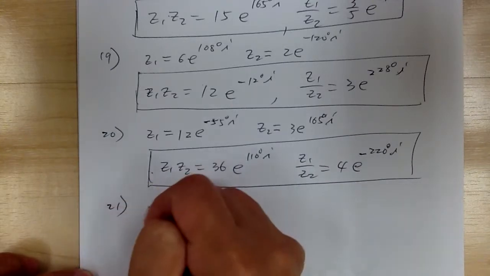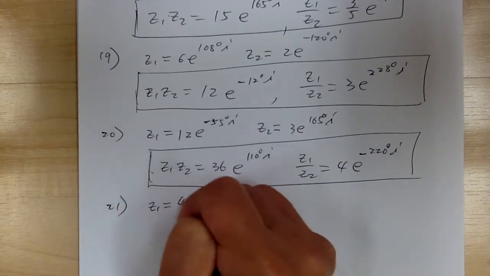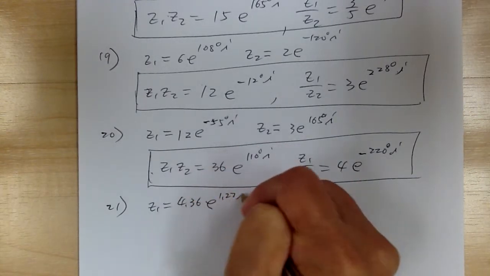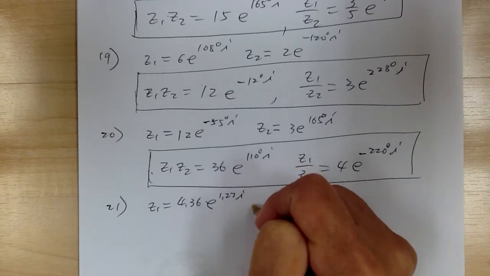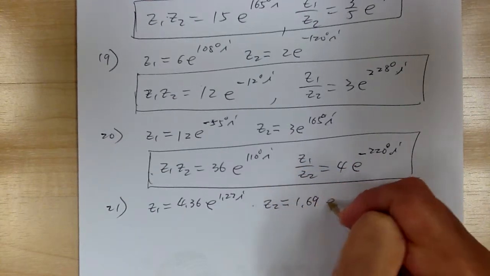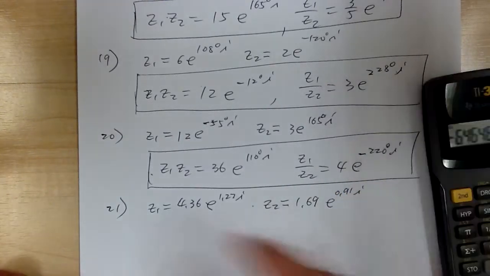Okay, 21, z1 equal to 4.36e to the 1.27i, and z2 equal to 1.69e to the 0.91i. So this one you have to use a calculator.